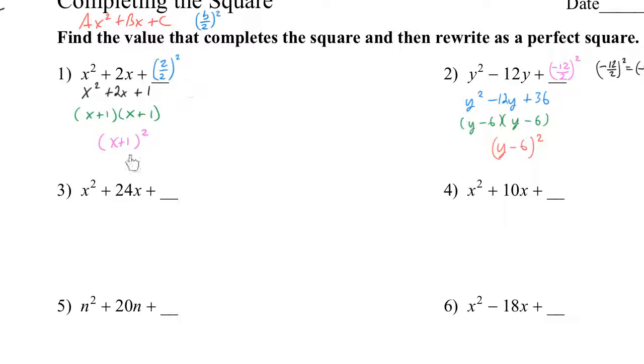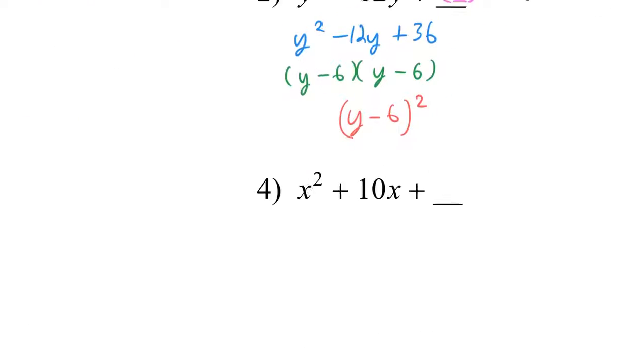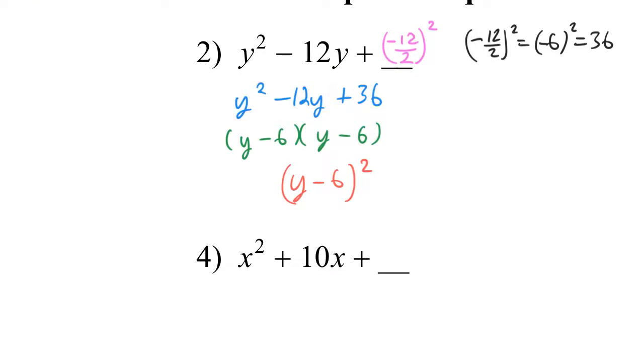Whatever b over 2 is, that's going to be that number right there. You don't have to factor. The whole reason we do completing the square is so that we get a perfect square. We don't have to factor. We know that's going to be b over 2, and so I can go straight from this statement down to that statement.